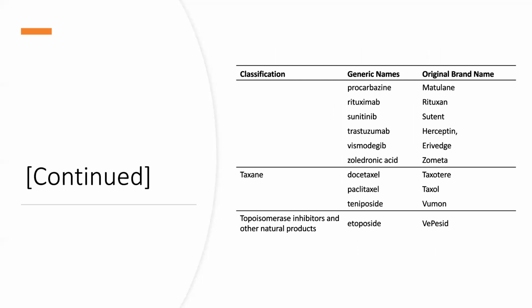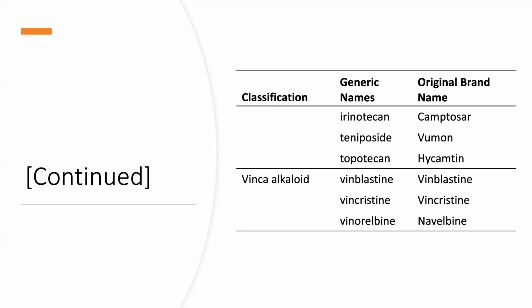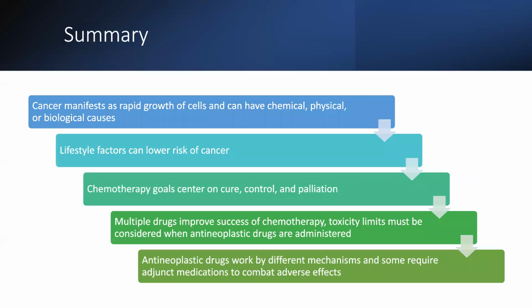Procarbazine, rituximab, sunitinib, trastuzumab, vismodegib, zoledronic acid. Then we have taxanes: docetaxel, paclitaxel, teniposide. Then we have topoisomerase inhibitors and other natural products like etoposide, irinotecan, teniposide, topotecan, and vinca alkaloids: vinblastine, vincristine, vinorelbine.